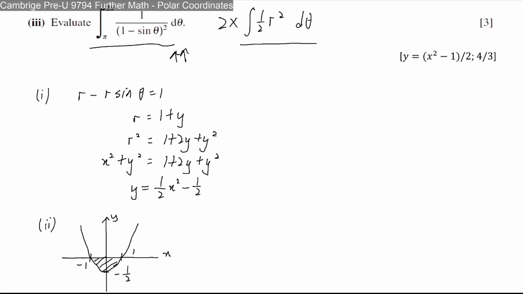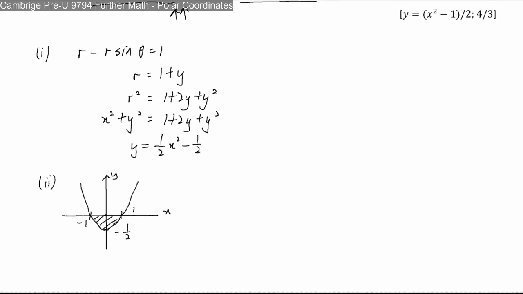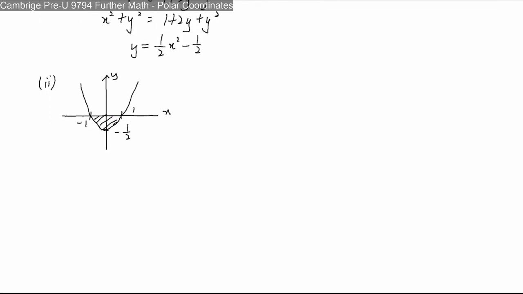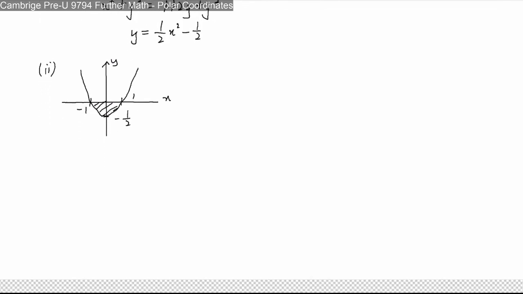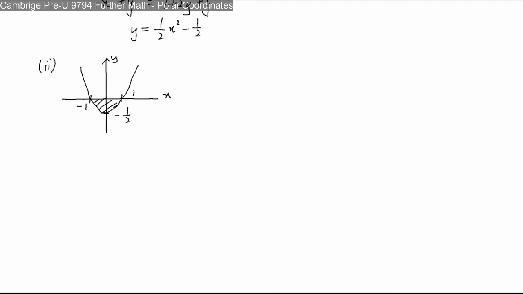We need to find the area in between, from -1 to 1 for this curve. So we are looking at 2 times the area of this curve from x equals -1 to 1. The function of this curve is given by this.